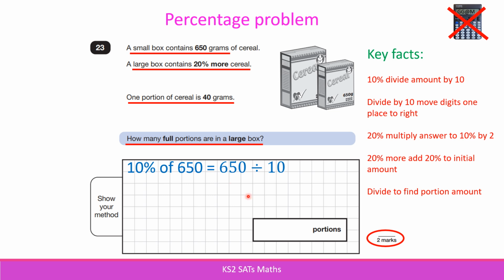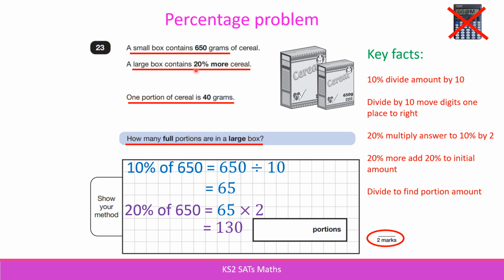So 650 divided by 10 is 65, which is the same as just taking the 0 off the end. Now I've got 10%, we need to work out 20%, so we double this number, or multiply it by 2. Double 60 is 120, double 5 is 10, 120 plus 10 is 130, so that is 20%.